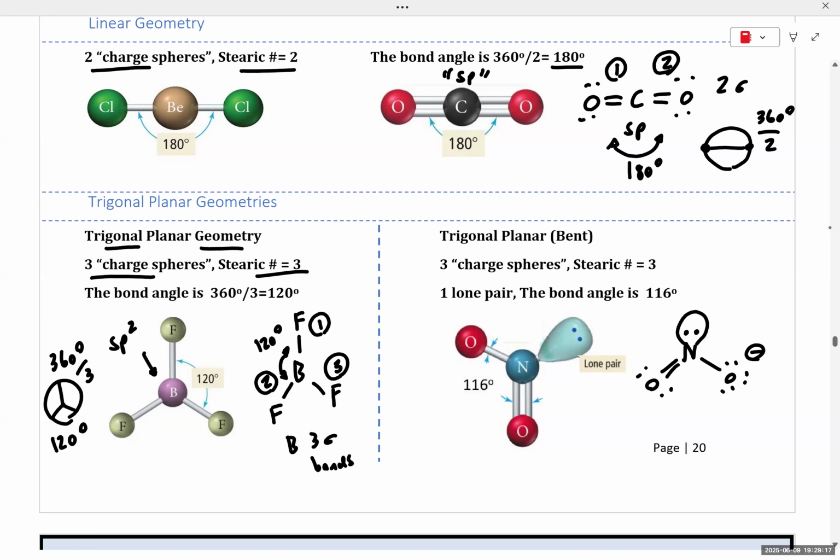So instead of a broader 120-degree bond angle, in the bent trigonal planar geometry, we have a reduced 116-degree bond angle. So the bent trigonal planar geometry occurs when we have 3 charged spheres, but there's a lone pair present. This leads to a reduced bond angle of 116 degrees. This nitrogen is still sp2. The reason why the bond angle is distorted is just because we have this lone pair taking up a ton of space.